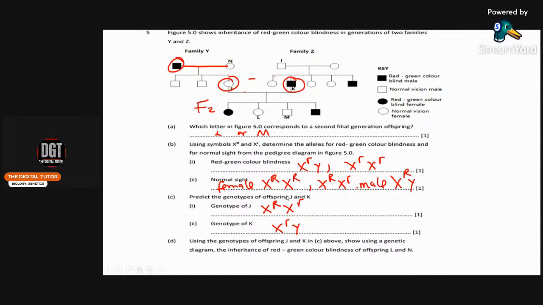Then of course, what is the other one? Using the genetic diagram, J and K, the carrier and the one who is sick, let us cross them. So we are going to start with parents: father and mother.